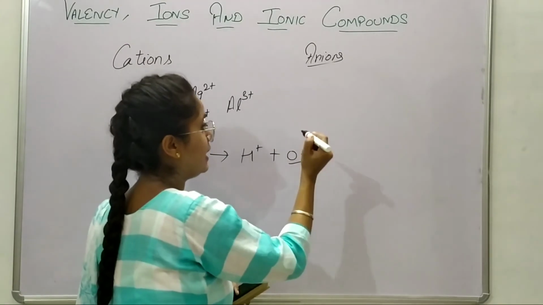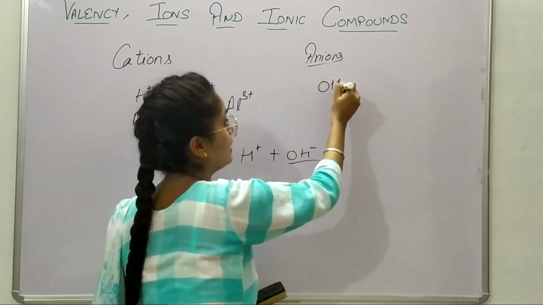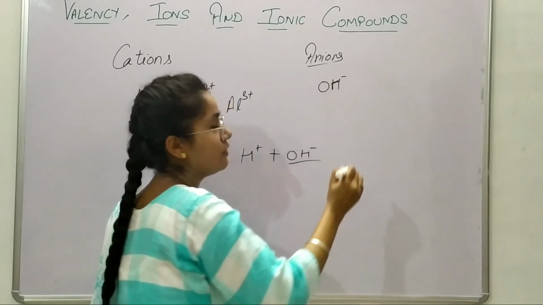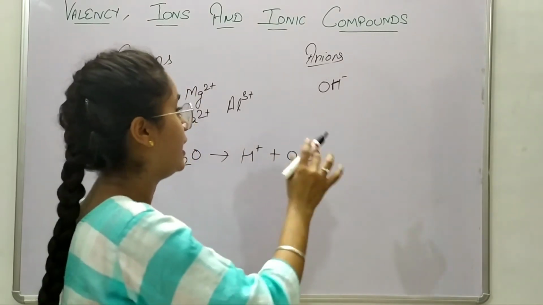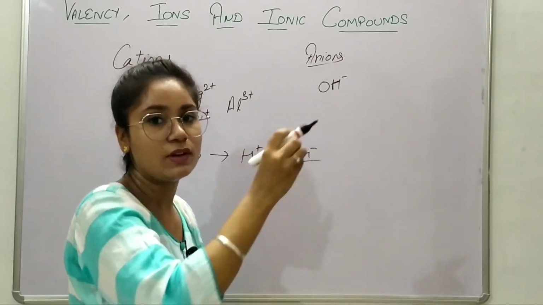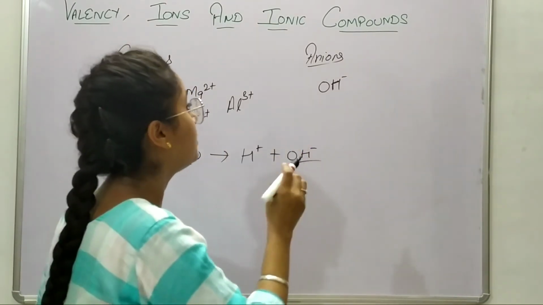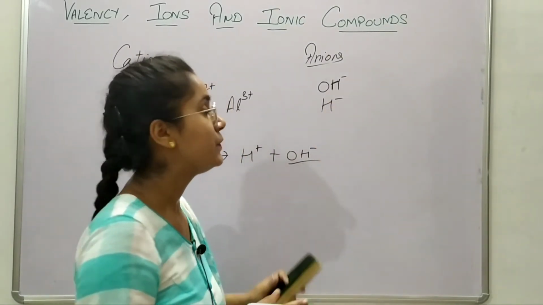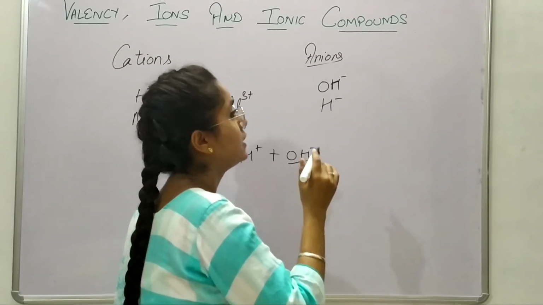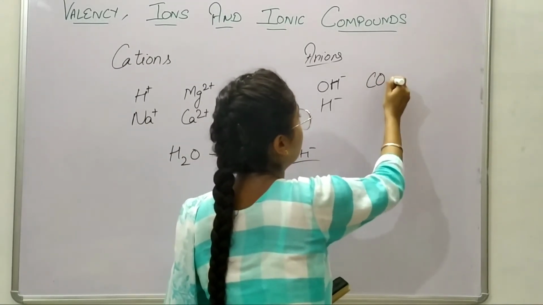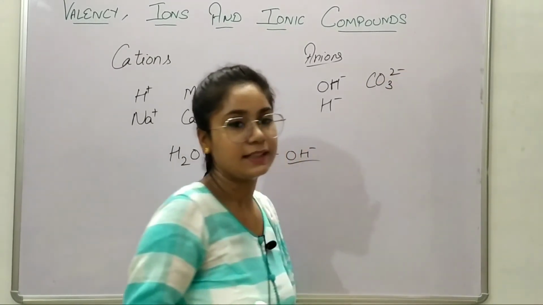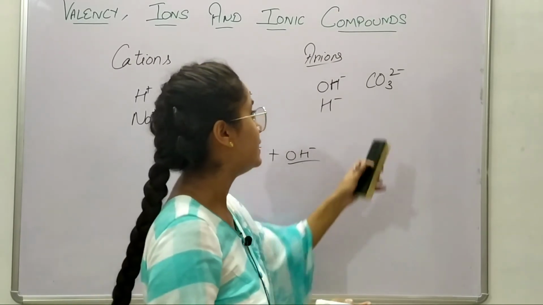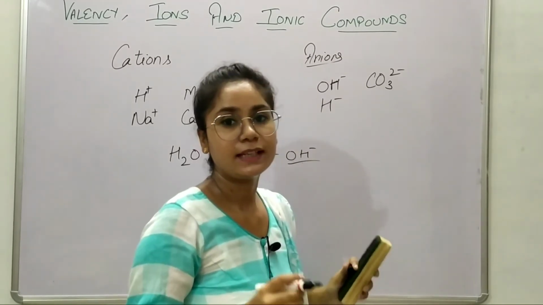So this is an anion which is OH negative, hydroxide ion, which is an anion, monoatomic anion. Similarly, we have hydride ion as a monoatomic anion. Then comes CO3 2 negative, carbonate ion. This is a diatomic anion.